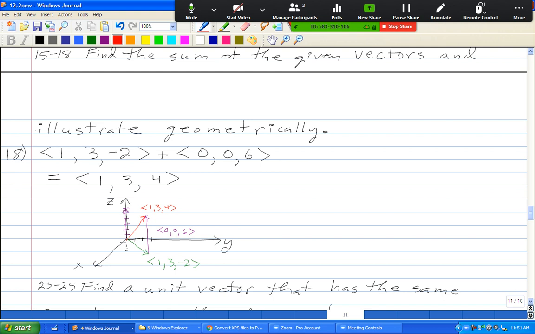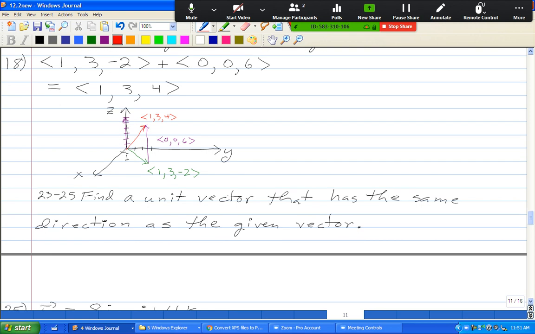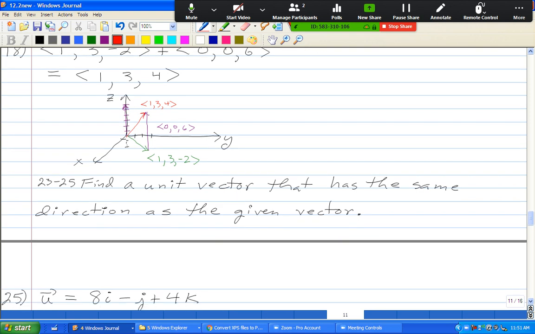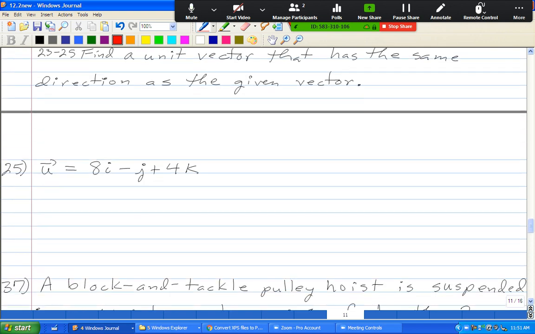Okay, so in exercises 23 through 25, find a unit vector that has the same direction as the given vector. I have the vector u, which has components 8i minus j plus 4k.